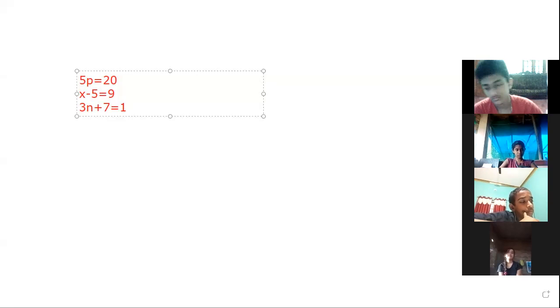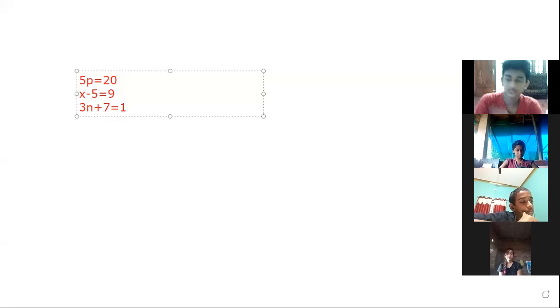First of all, we are multiplying 3 with n, or 3 times n. Here 3 times n plus 7 gives 1. It is given in another form: add 7 to 3 times n to get 1. Both the statements are correct.